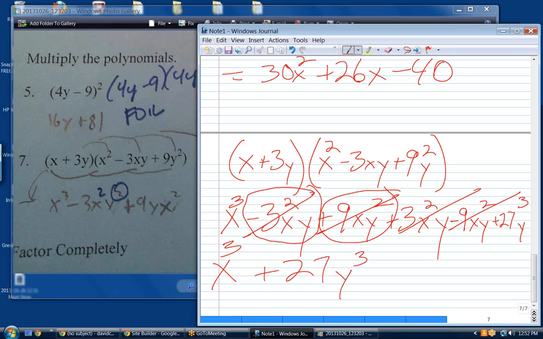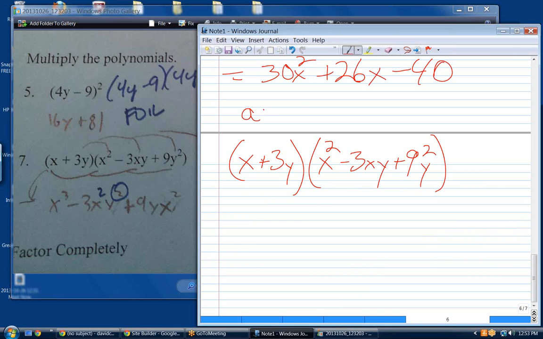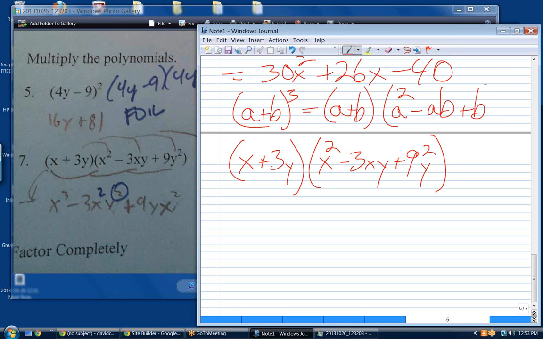And in fact, you will notice that this is the sum of cubes factored. Right? If we happened to notice that, we could have gotten it a lot quicker. In other words, we know that a plus b cubed is equal to a plus b times a squared minus opposite ab plus b squared.